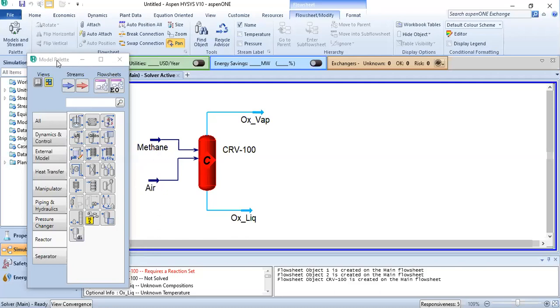Here also you have an optional energy, whether it is an endothermic reaction and you need to provide some energy to this reactor, or it is an exothermic reactor and you need to remove certain heat from this reactor. This kind of arrangement is there that we can use, either for cooling purpose or heating purpose.